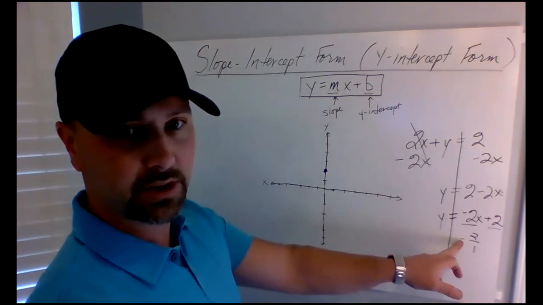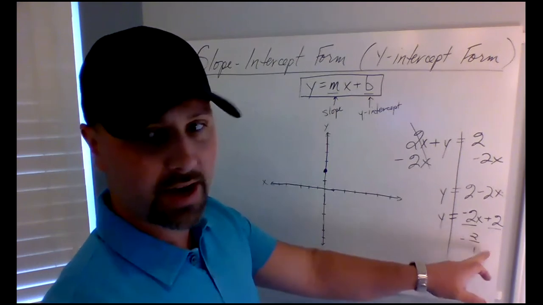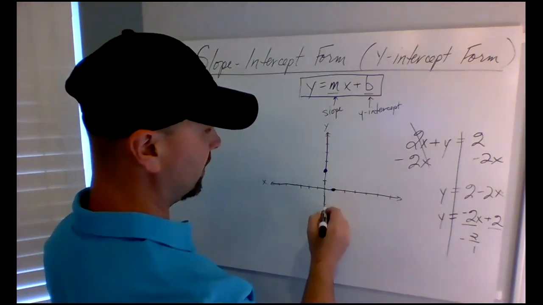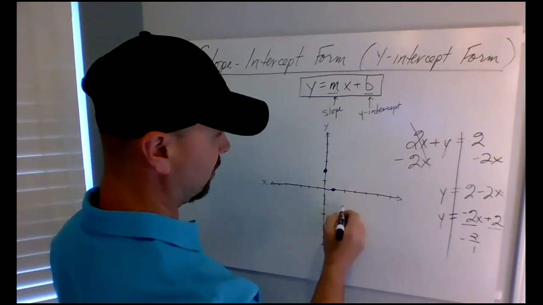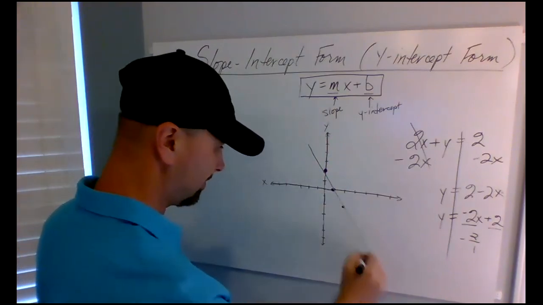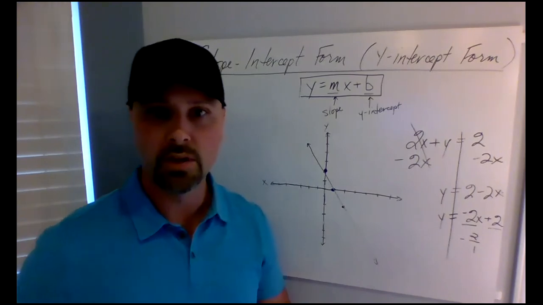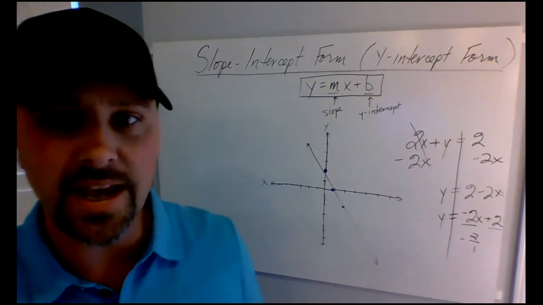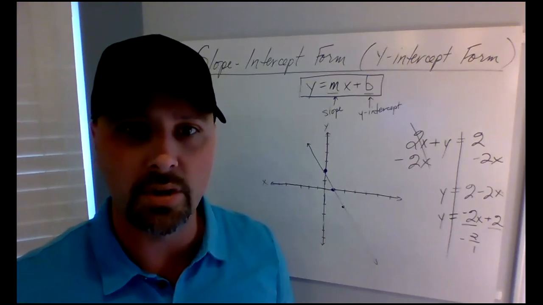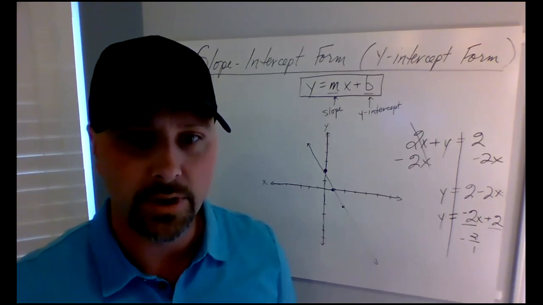It's negative, it's decreasing, down 2 over 1, down 2 over 1, making sure that this line is decreasing. So you just have to manipulate this equation and turn it into slope-intercept form. Then it's pretty easy to read. So let's go back.